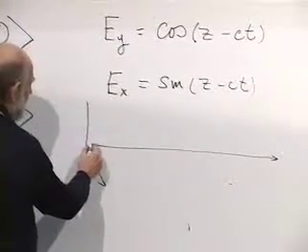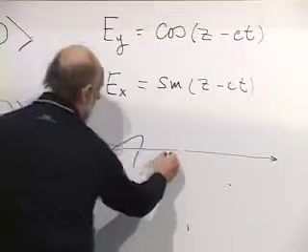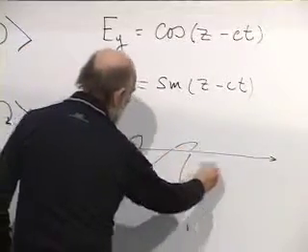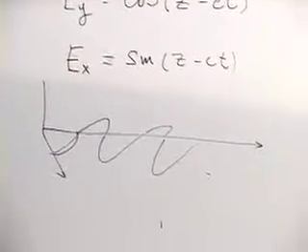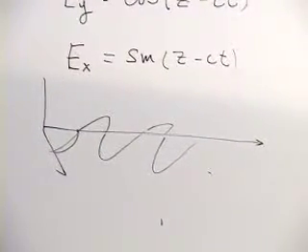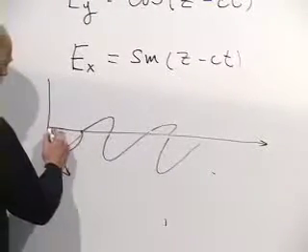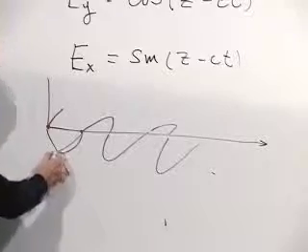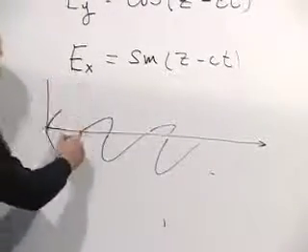The electric field might be a cosine and look like this. Whereas the other component of the electric field, the y component, is a sine. So where the x component is maximum, the y component is 0, and so on.